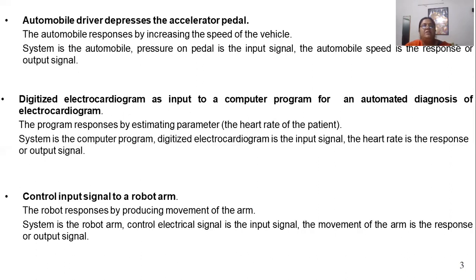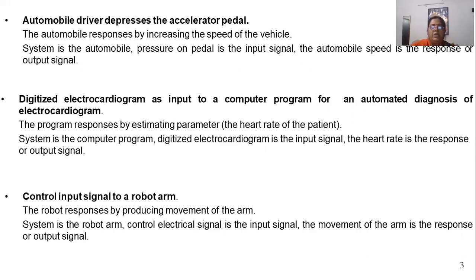Now, for example, a digitized electrocardiogram is an input to a computer program for automatic diagnosis of the electrocardiogram. The program responds by estimating parameters, that is, the heart rate of the patient. The system is the computer program, the digitized electrocardiogram is the input signal, and the heart rate is the response or the output signal.